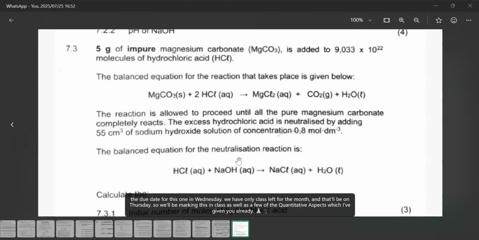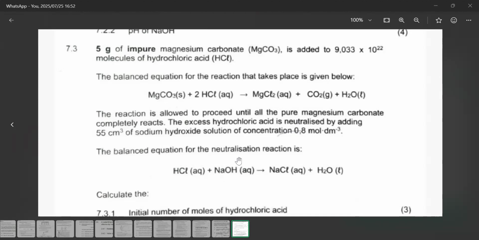And we now understand that this 5 grams is impure. It doesn't mean it's 5 grams of magnesium carbonate. No. It means magnesium carbonate is there in a total sample having a mass of 5 grams. Or rather, in a sample having a total mass of 5 grams.